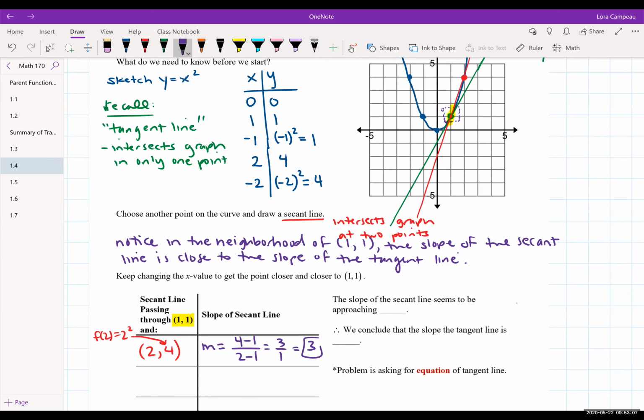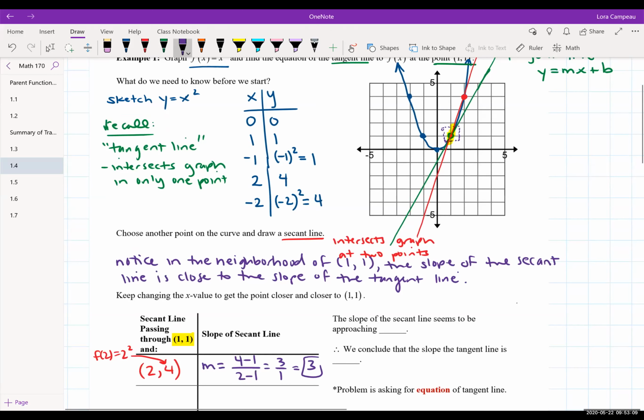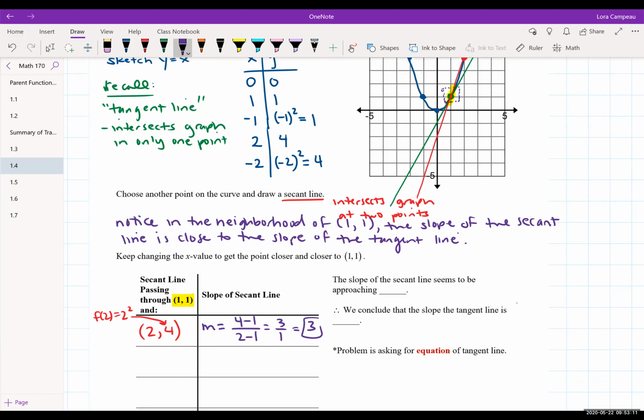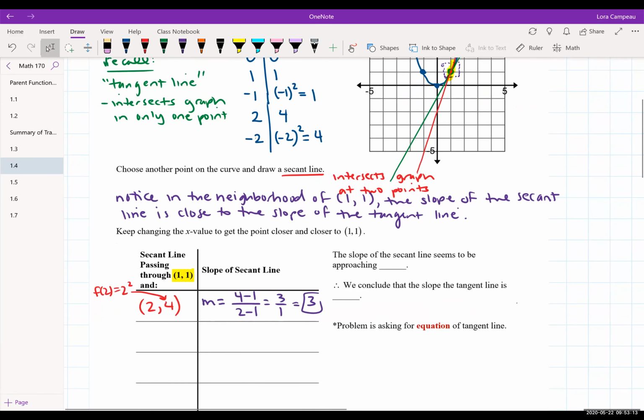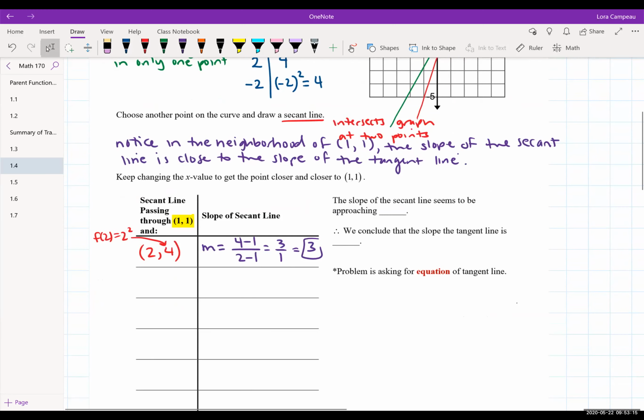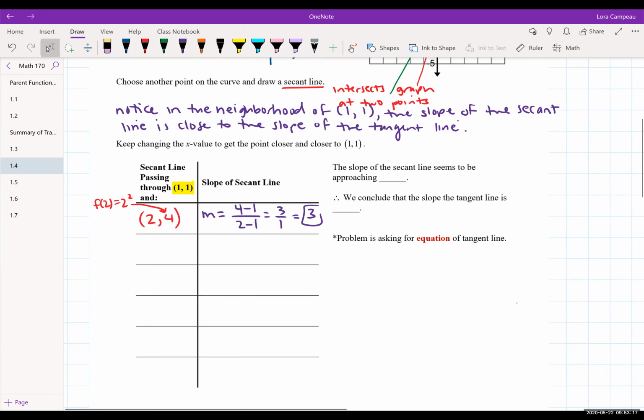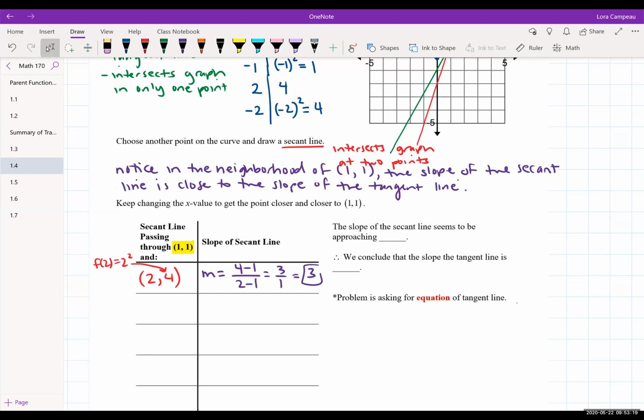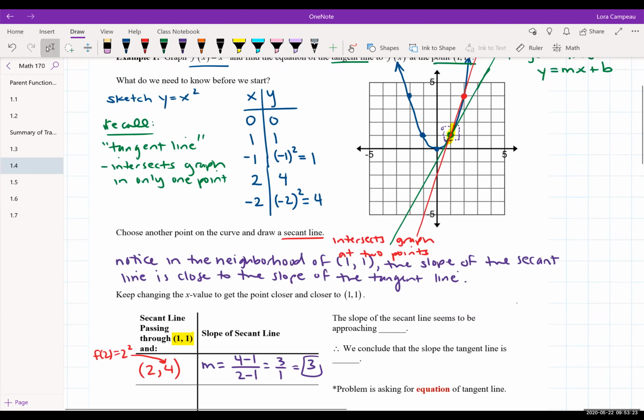So, yeah, we probably could have figured that out by inspection, but now we have a clear idea of what it's looking like. But I want to develop this a little bit further. I'm going to keep picking points that end up getting a little closer to 1, 1.